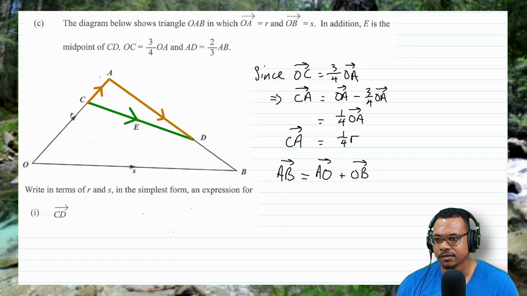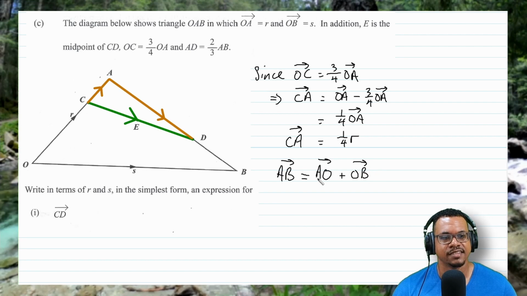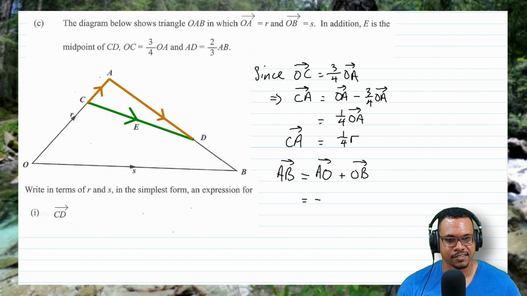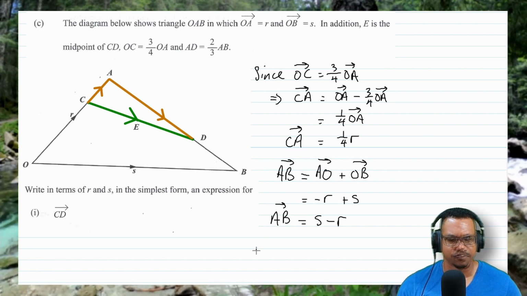The A at this end, the B at this end, and the same letters in the middle. Now, A to O is the opposite direction of O to A. O to A is R, so A to O is just -R. So this is -R plus O to B, which is S. Let's write that as S take away R, and that's A to B.